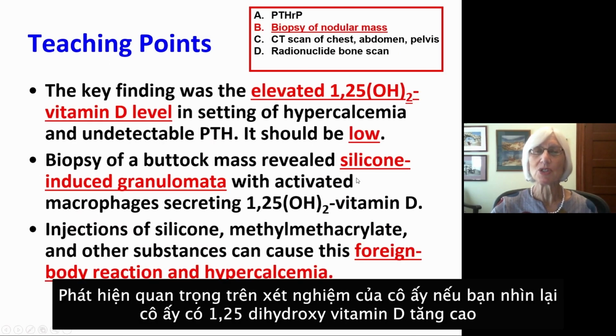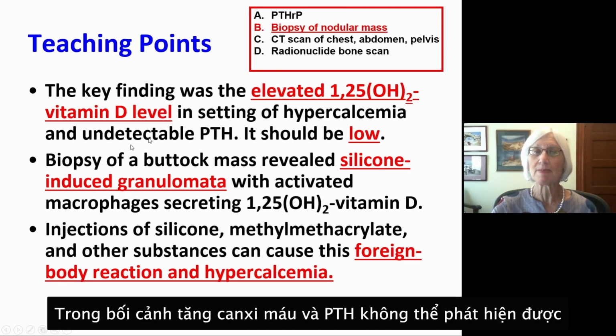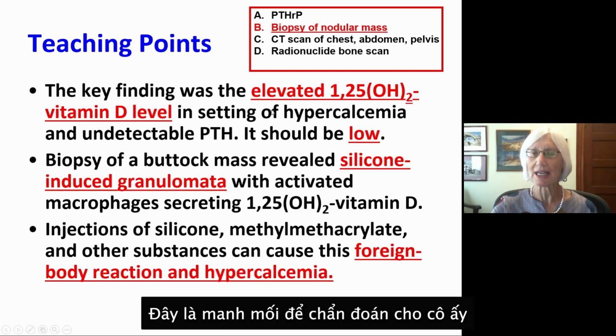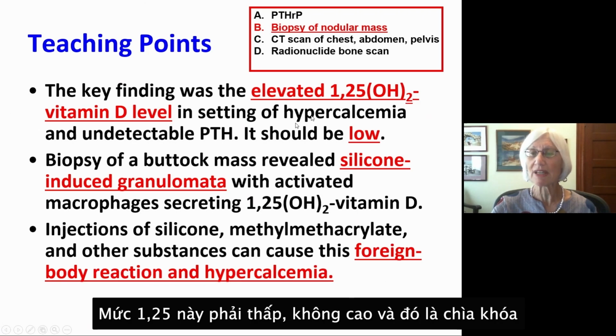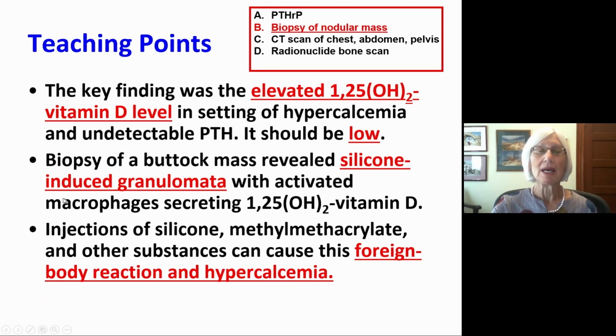The key finding on her labs, if you look back, was an elevated 125 dihydroxy vitamin D level in the setting of hypercalcemia and undetectable PTH. This is the clue to her diagnosis. This 125 level should be low, not high, and that's the key.